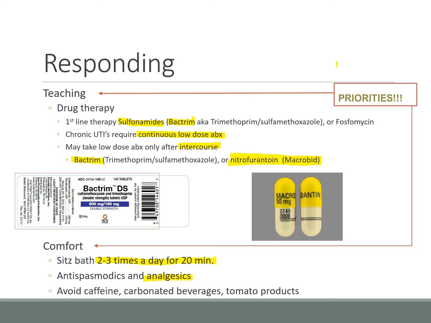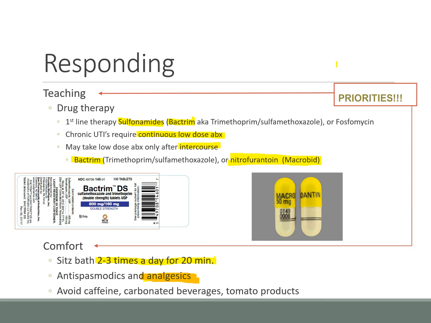Also, macrobid. I picked the yellow capsule here because this will turn your urine hot yellow. Hot yellow from macrodantin or nitrofurantoin. And for pyridium or phenazopyridine, orange.